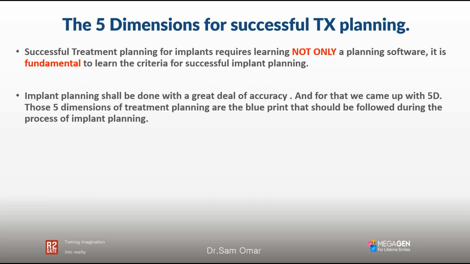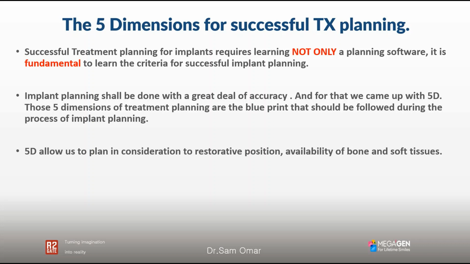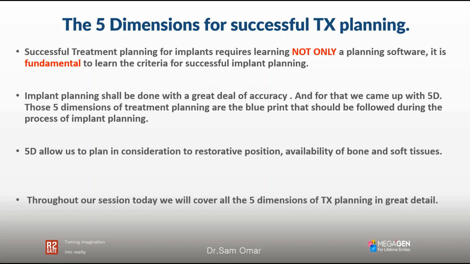Those 5 dimensions will be the blueprint that you, whether a clinician or a technician, will use to follow during treatment planning of an implant case. The 5 dimensions will allow us to plan in consideration of restorative position, availability of bone and soft tissue, and today, throughout the session, I'll make sure that we cover all the 5 dimensions of treatment planning in great detail.